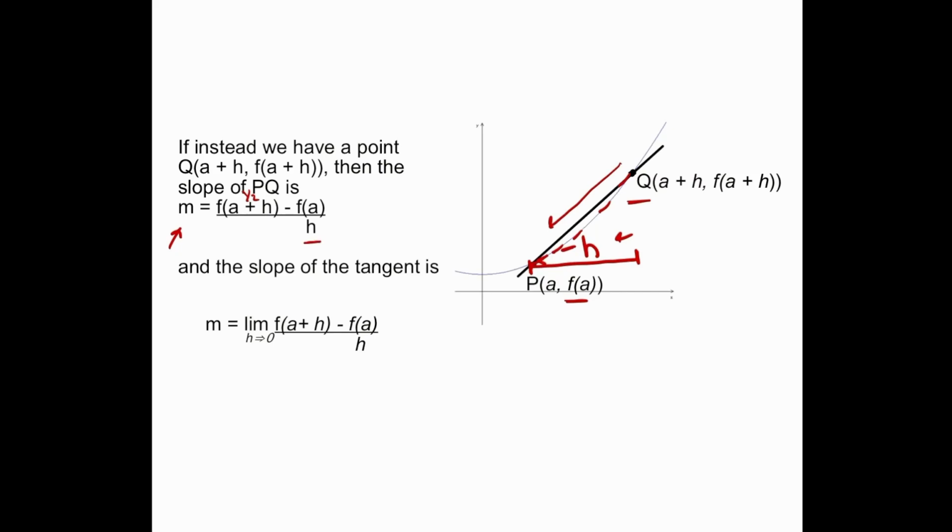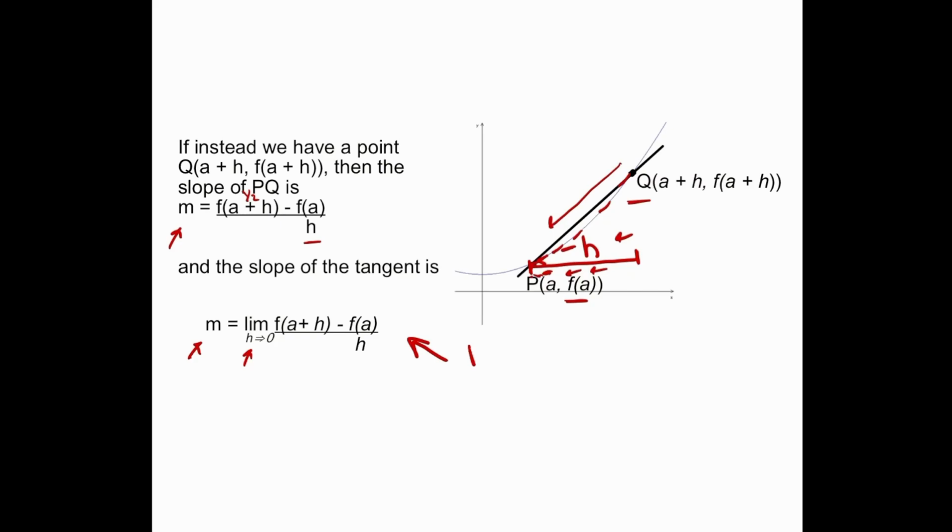And this gives us the general equation for using limits to find the slope of a tangent as m is equal to the limit as h approaches 0, as those x's get closer and closer together and h gets closer and closer to being 0, of f of a plus h minus f of a all over h. And this right here, my friends, is that first rule to live by.